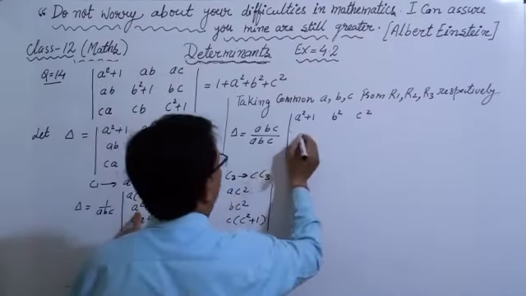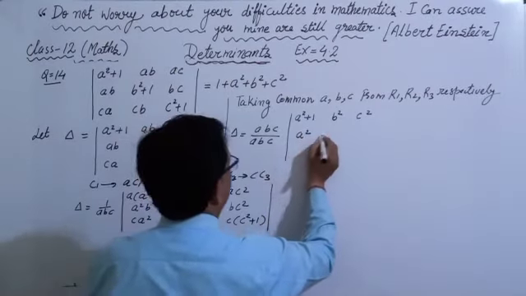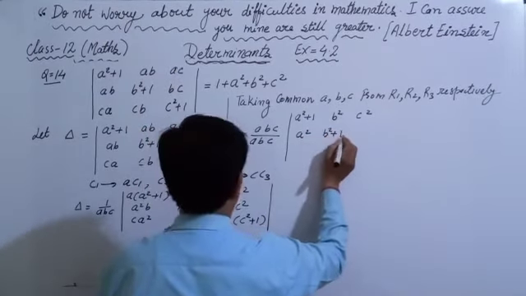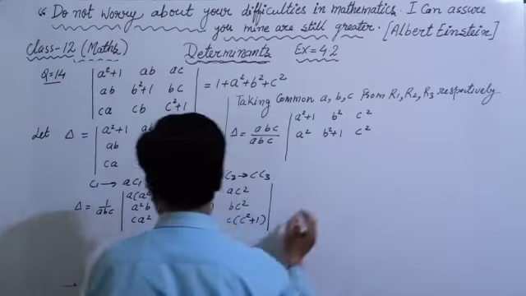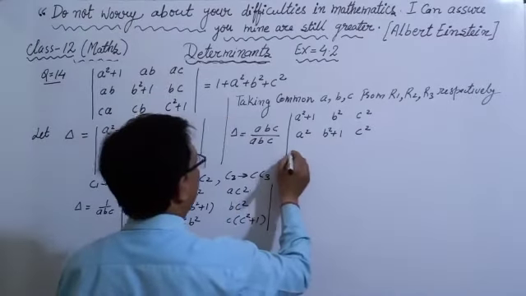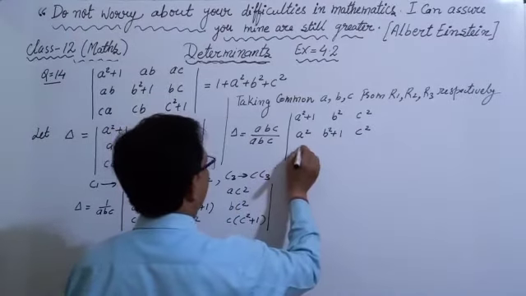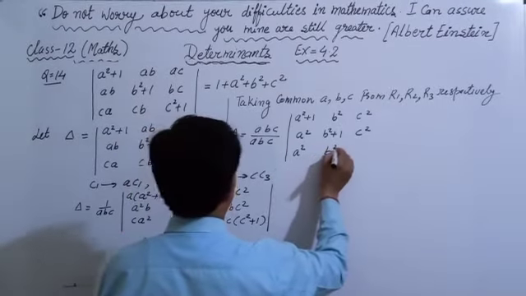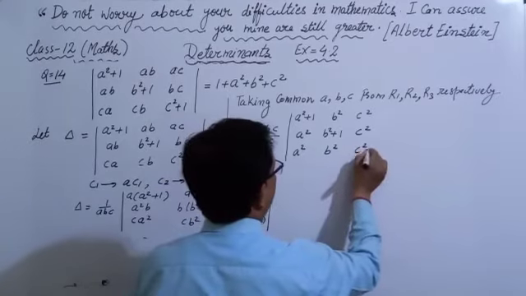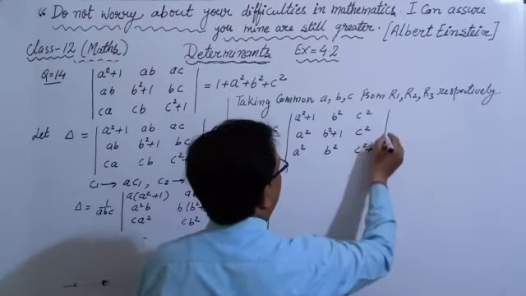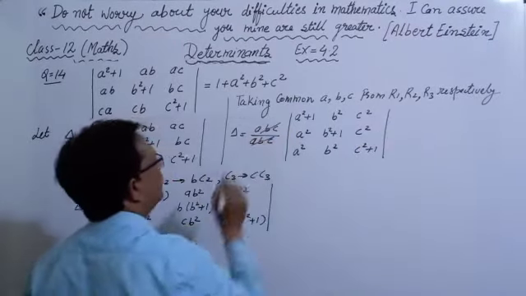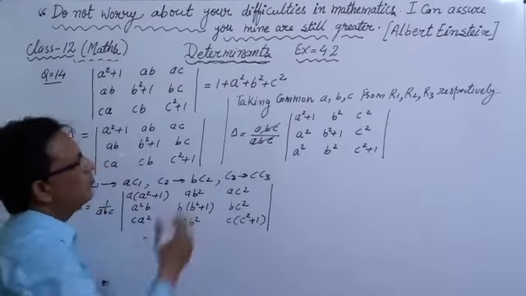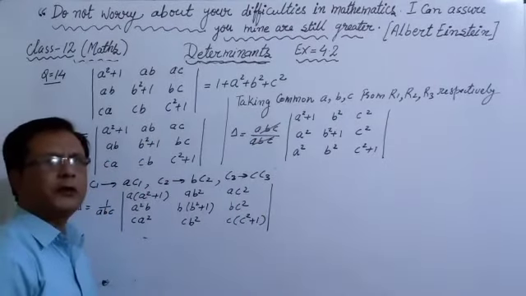Similarly here b common, we get a square, here b square plus 1, here c square. Here c common, we get a square, here b square, and here c square plus 1. This is cancelled.